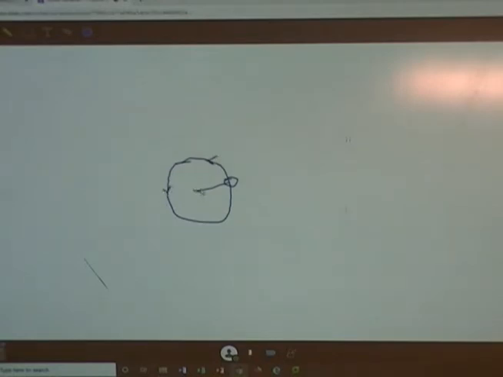I'm the person standing in the middle, and I'm turning round and round, and I've got a beanbag on the end of a string, and the beanbag is swinging out on the circumference of the circle.